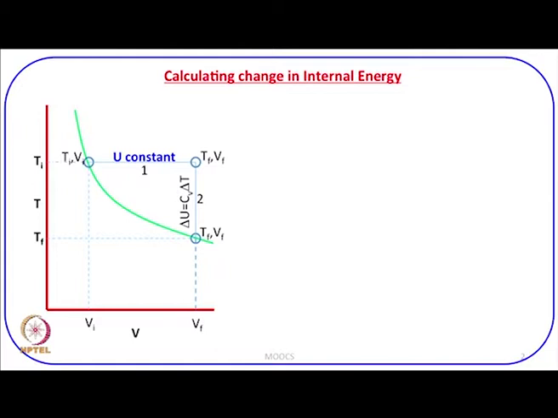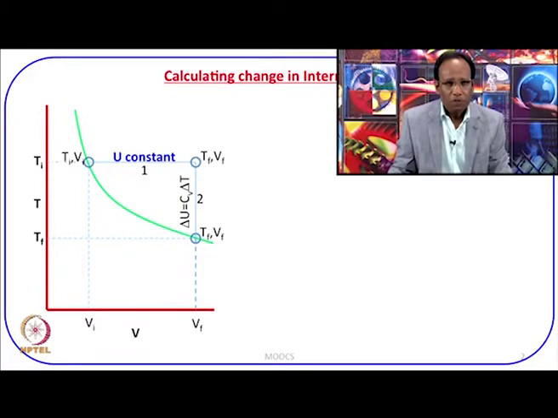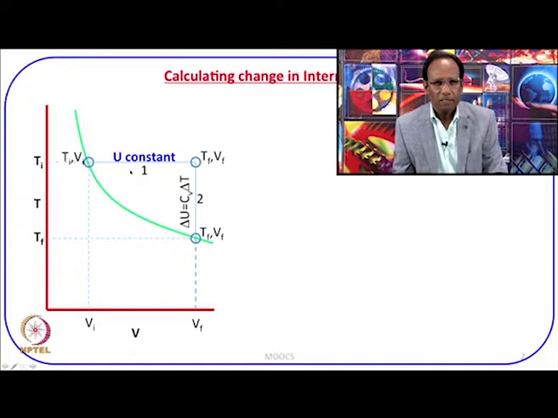And if I divide this process into two steps, that is step 1, where I keep the temperature constant, it remains constant at T I, but the volume changes. And since we will refer to ideal gases, the internal energy does not change in an isothermal expansion. So, U remains constant.